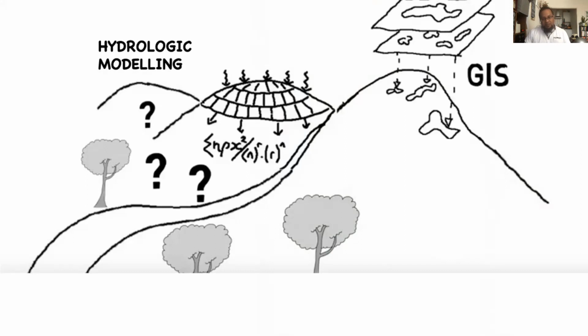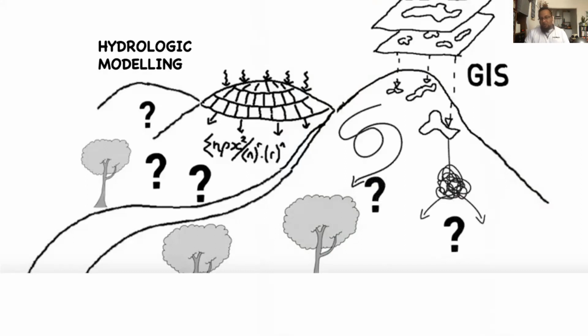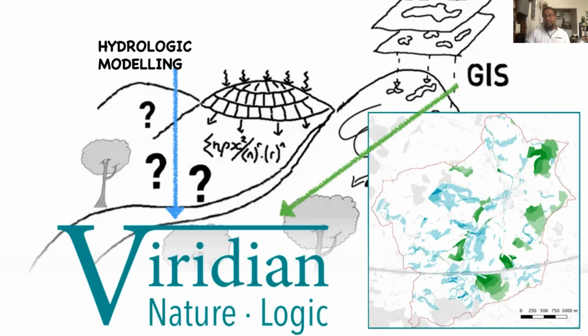Now, the best opportunities for planting exist somewhat independently of where flows go. So this doesn't necessarily tell you where the best places to plant to reduce flooding are. So Viridian Logic just simply takes the step of combining those two approaches to determine where are the best places to plant things to slow flooding.